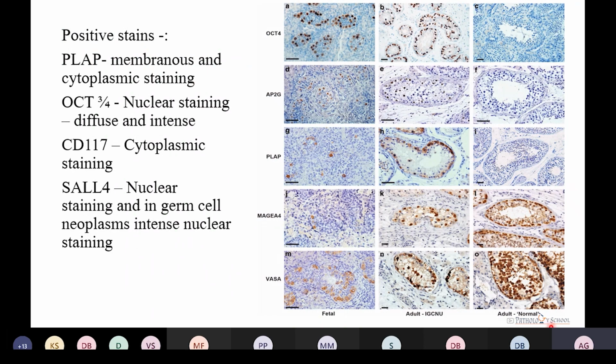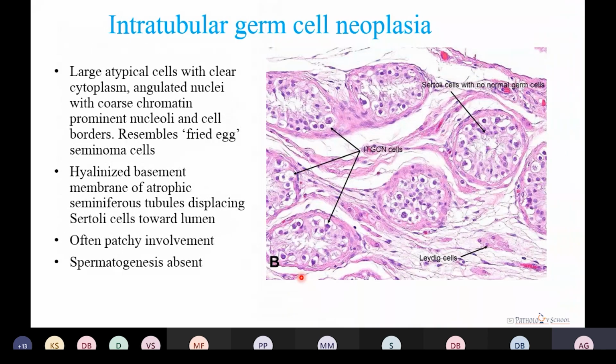Out of these, PLAP and CD117 are the cytoplasmic and membrane staining stains, whereas OCT3 and 4 and SALL4 are nuclear staining stains. In the microscopic section, we can see large atypical cells with clear cytoplasm, angulated nuclei with coarse chromatin, prominent nucleoli, and distinct cell borders.